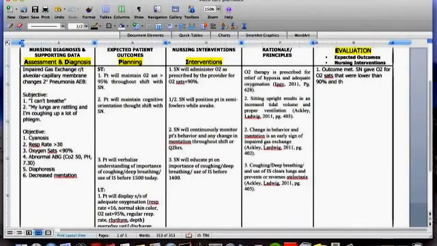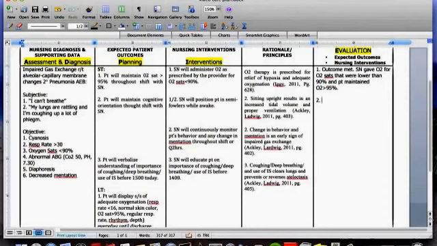And patient maintained O2 greater than 95%. Great, our outcome was met.